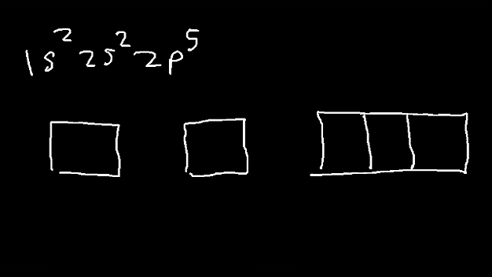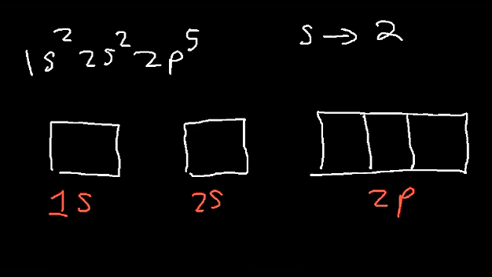S only has 1 orbital, so this is 1s, this is 2s, but p has 3 orbitals. Now remember, we said that s can hold up to 2 electrons. Because it has 1 orbital, it can hold up to 2 electrons. You can only put 2 electrons in a single orbital. P can hold up to 6 electrons because it has 3 orbitals.